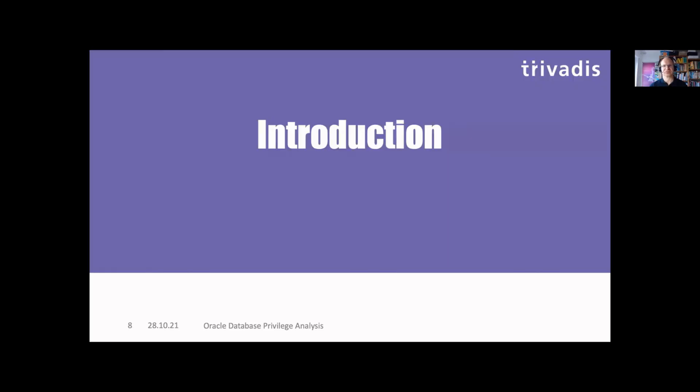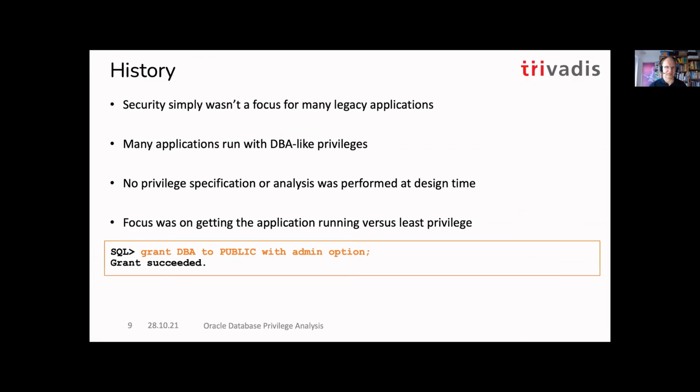Let's start with the introduction. Okay, looking back, security wasn't really important. Sometimes they say it compiles, so ship it. The main focus was to get the thing running, functionality, it should work.